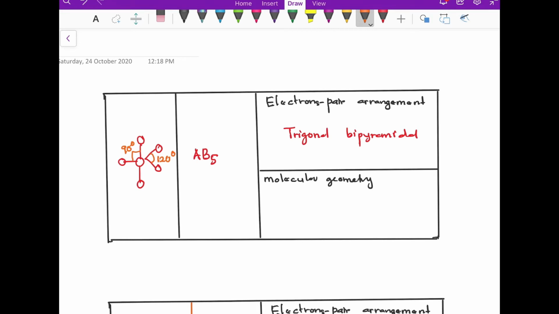Because all repulsions are equal, the molecular geometry is also trigonal bipyramidal. Only trigonal bipyramidal has 2 different types of bond angle, 90 degrees and 120 degrees.